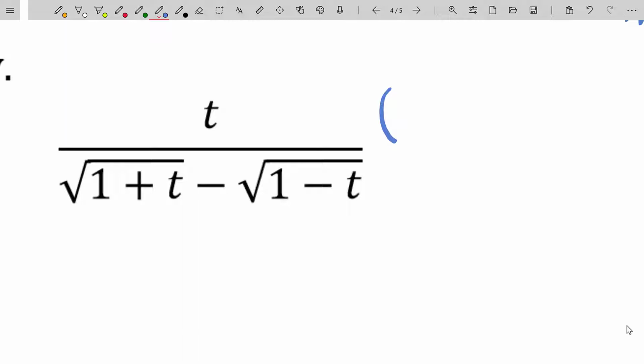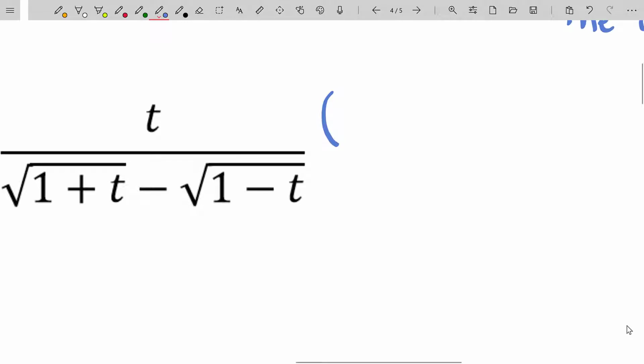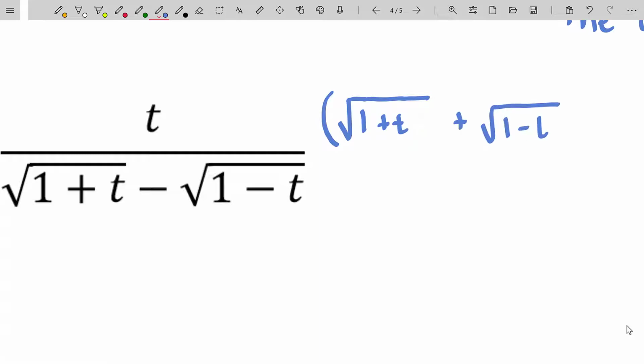Parentheses are incredibly important. It's not just a silly little grouping symbol that you can leave off. It would be wrong if you left off the grouping symbol. So it is the parenthesis of the square root of 1 plus t plus the square root of 1 minus t, over the same picture.